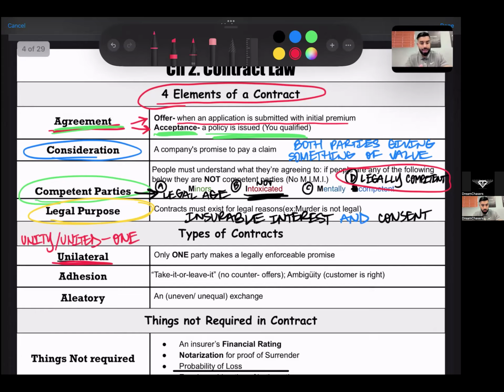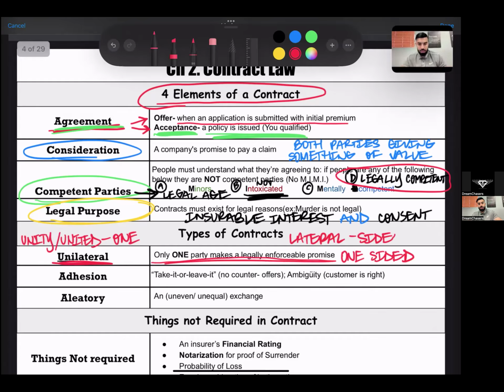We're united as one. And then the term lateral just means side. So a unilateral contract is, in other words, a one-sided contract. And what that means is that only one party has to make a legally enforceable promise.